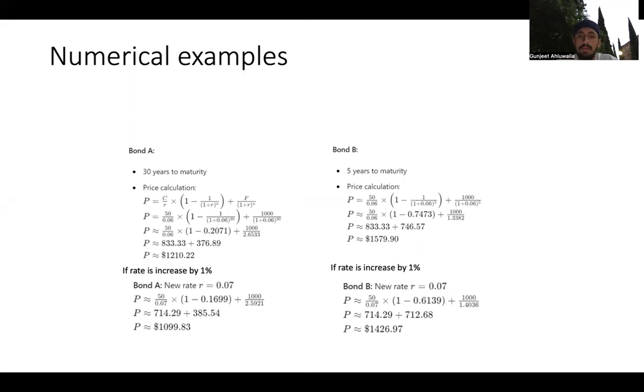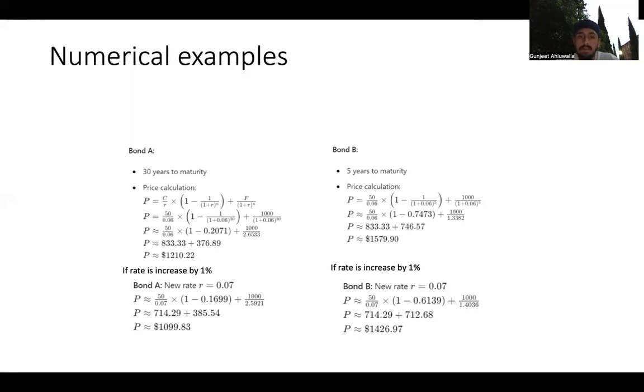Conversely, Bond B with 5 years to maturity starts at $1,579.90 and falls to $1,426.97 with the same 1% interest rate increase. The significant price drop for Bond A compared to Bond B demonstrates the higher sensitivity of longer-term bonds to interest rate changes. Bond prices move inversely to interest rates, and longer maturity bonds experience more substantial price fluctuations.